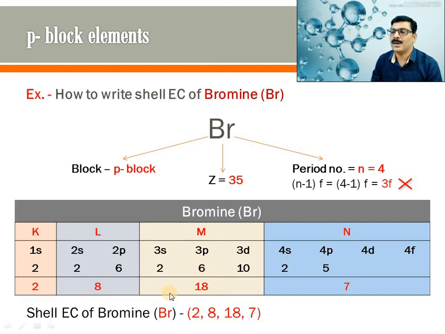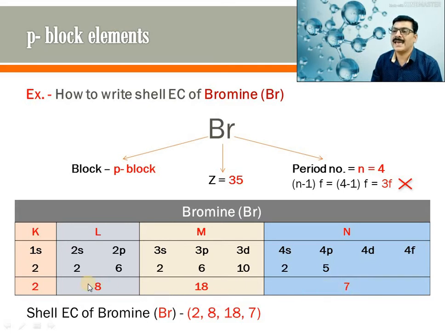Now here the total electrons are 2 plus 8 plus 18, which is 28, and the atomic number of bromine is 35. So a total of 7 electrons are remaining and they are present in the N shell, which contains 4s with 2 electrons and 4p with 5 electrons. So the N shell contains the 7 electrons.